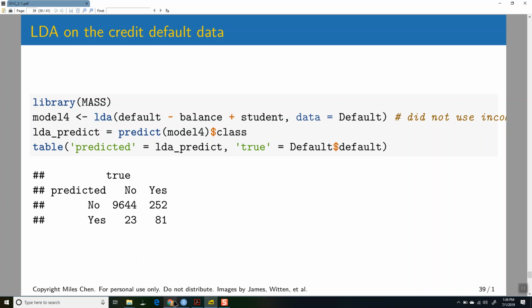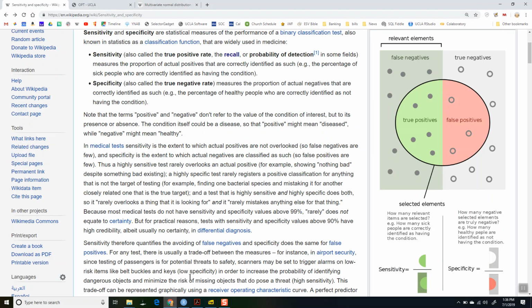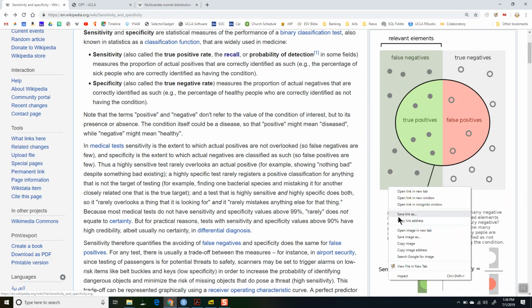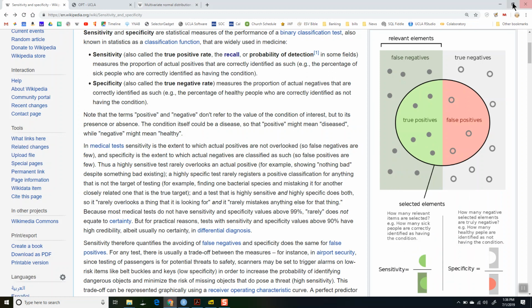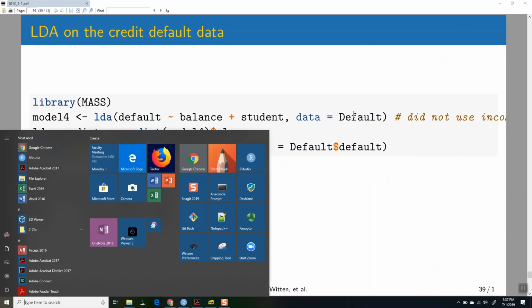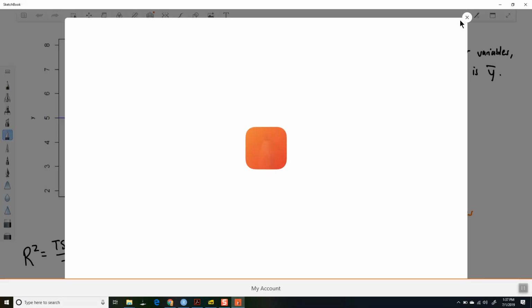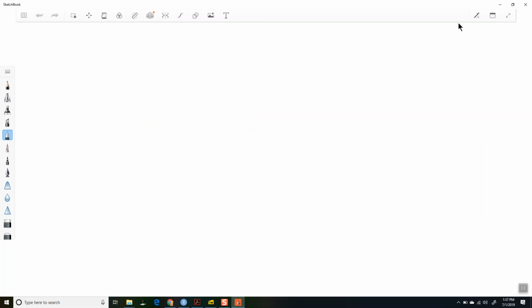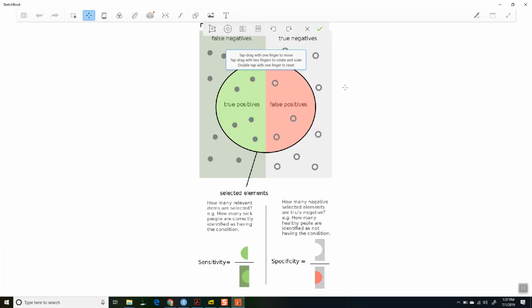So in our diagram, maybe I'll draw this. How do I do this? Can I copy this image? All right, let's open up this thing here. Okay, so we'll paste this picture here.